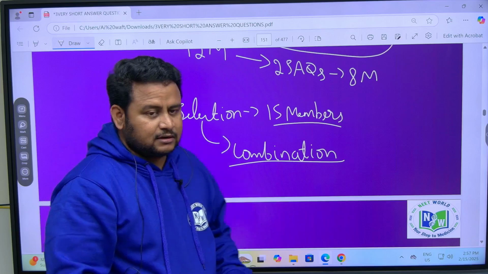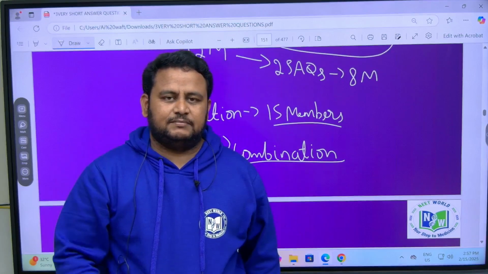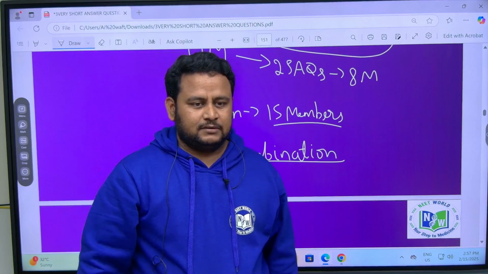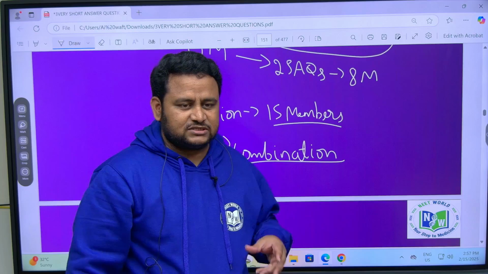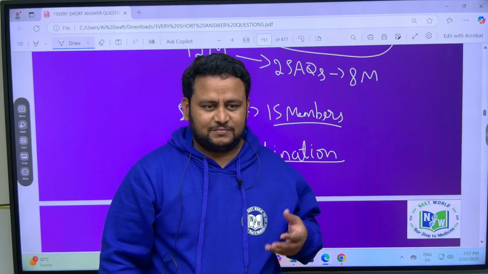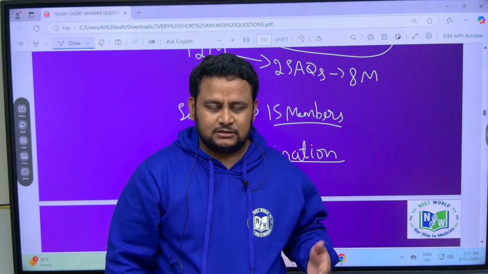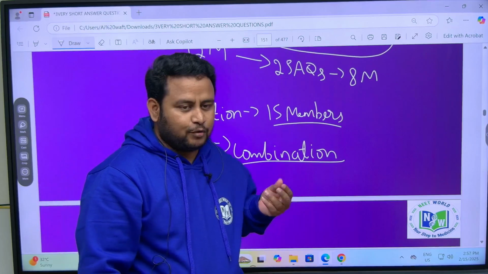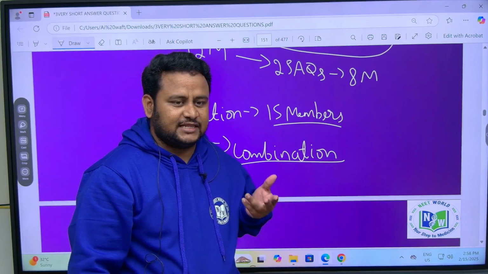Now in these 15 members, only 11 can play in a game, right? Suppose India is batting. The batting order will not be random, right? It will be based on some order. That is why it is called batting order, not batting disorder. There will be some criteria for having an opening batsman, people who can handle the new ball.